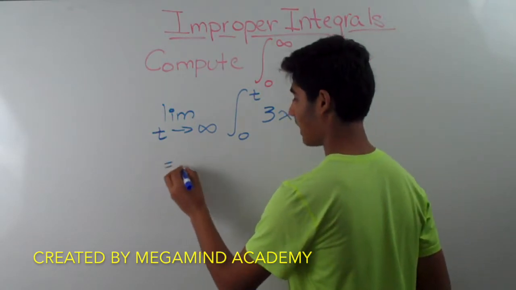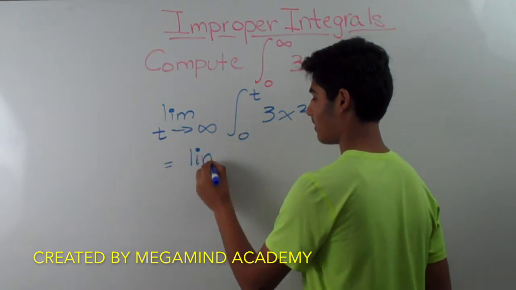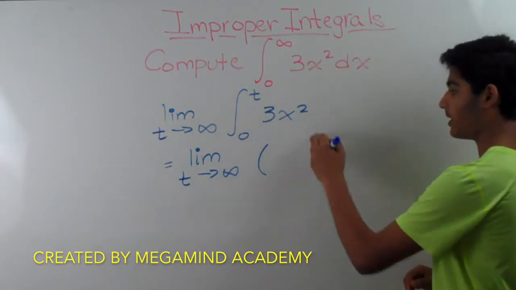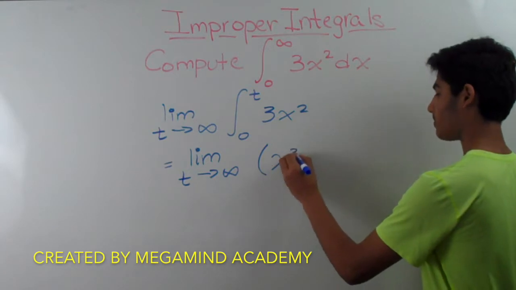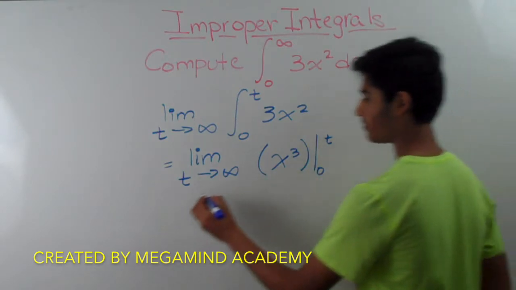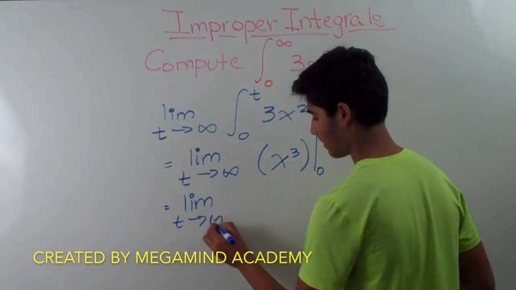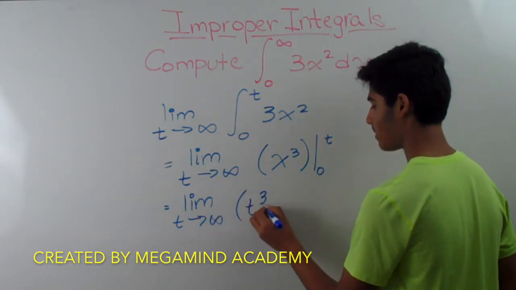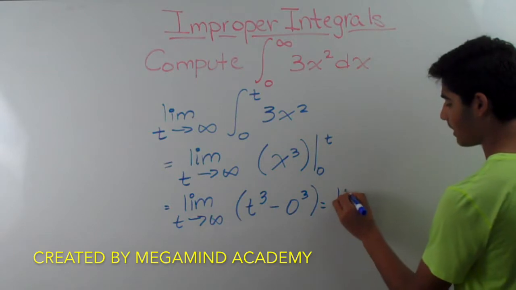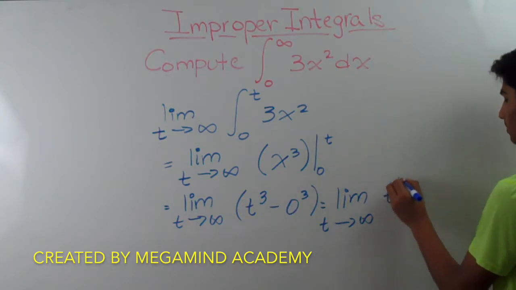Now this integral is relatively simple, or very simple. So now we would get the limit as t approaches infinity of the integral, which would be x cubed from 0 to t, which would be equal to the limit as t approaches infinity of t cubed minus 0 cubed, which is equal to the limit as t approaches infinity of t cubed.